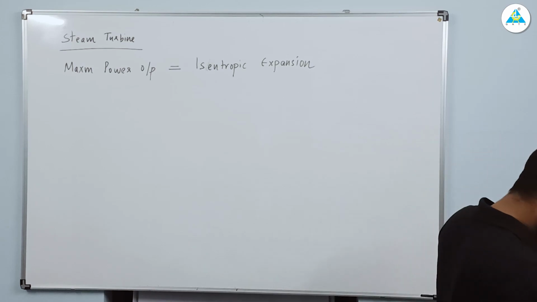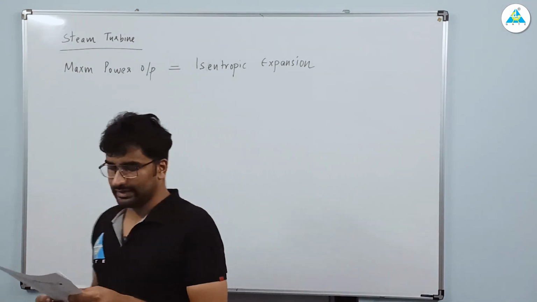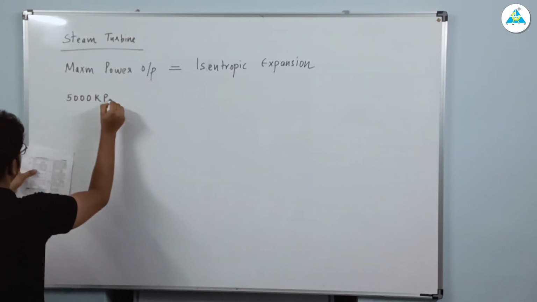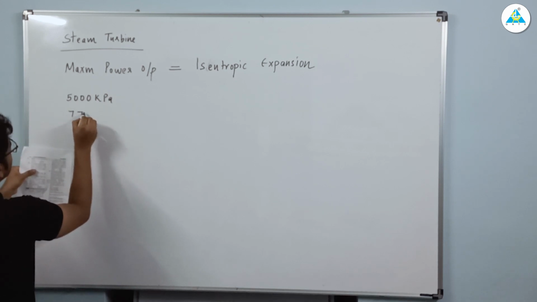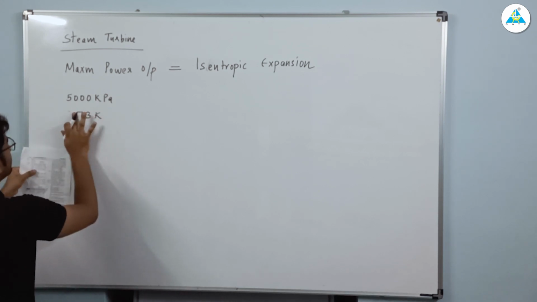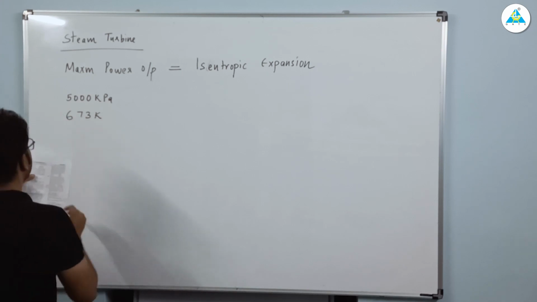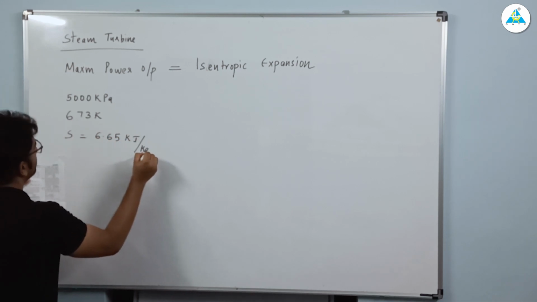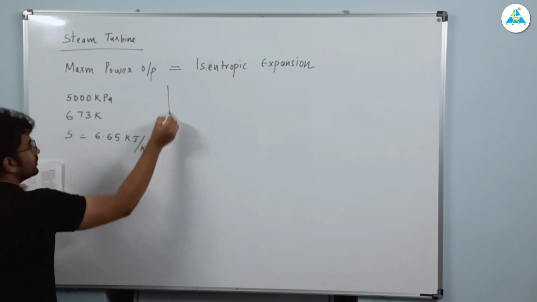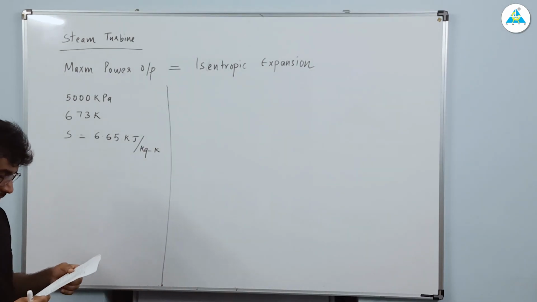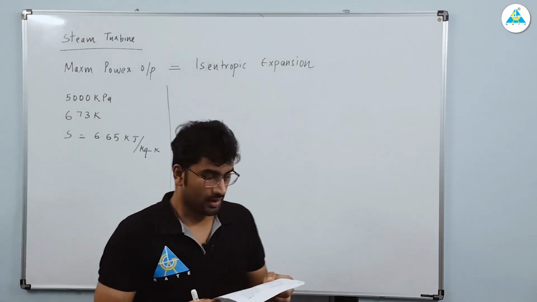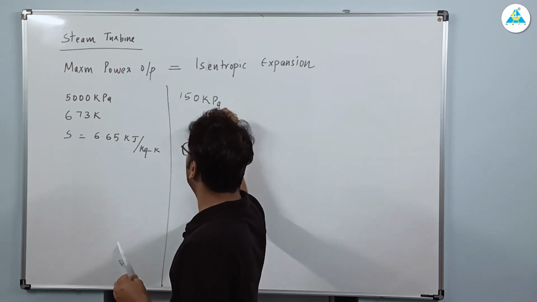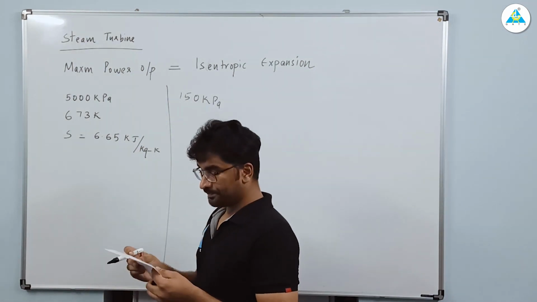So I will read the question. Steam undergoes an isentropic expansion in a turbine from 5000 kilopascal. I will write the given values: from 5000 kilopascal, and 400 degrees Celsius is what? 673 Kelvin, and entropy is given 6.65 kilojoule per kg Kelvin, right? So this is your first condition, that is inlet, right? This is your inlet of the turbine, right? Now to 150 kilopascal. So you can see expansion meaning is pressure is reduced. Clear?